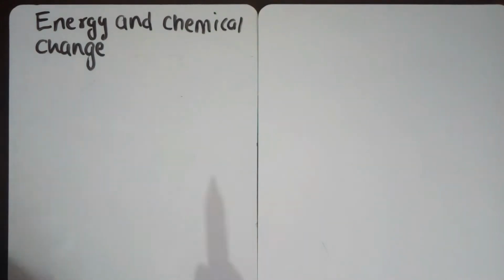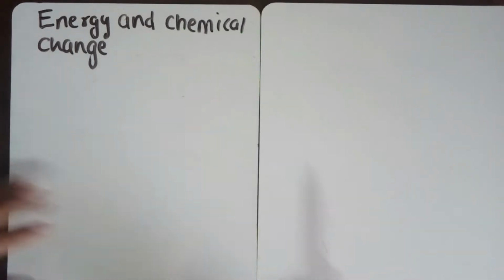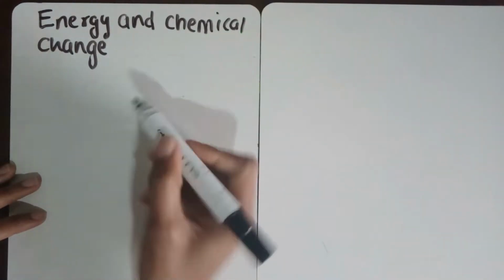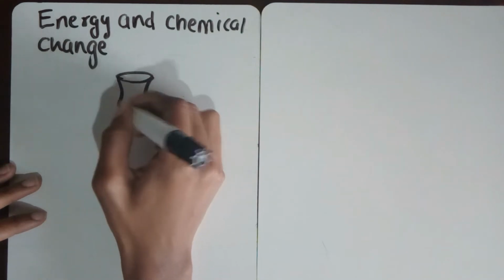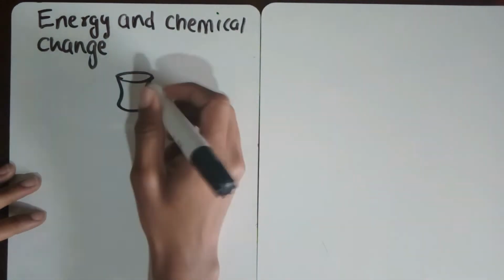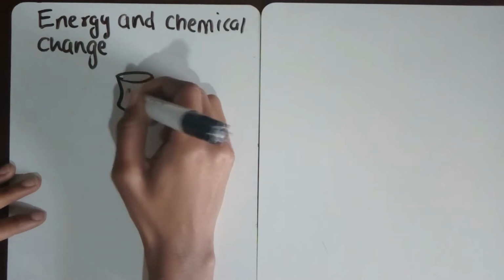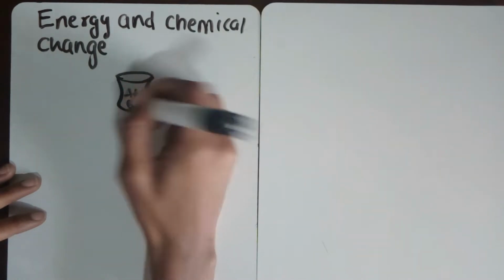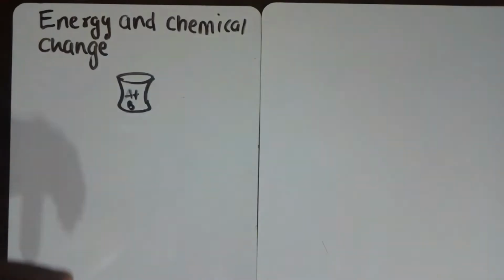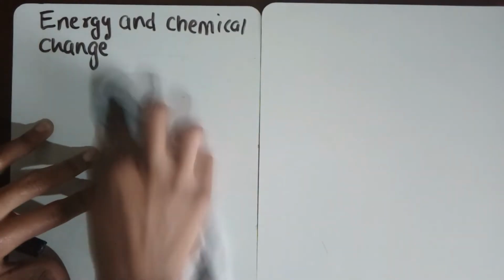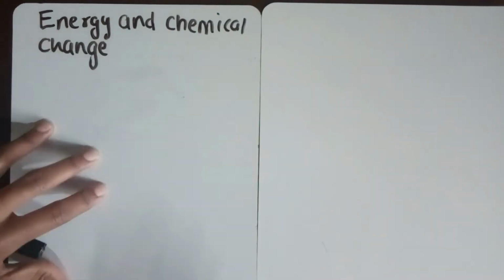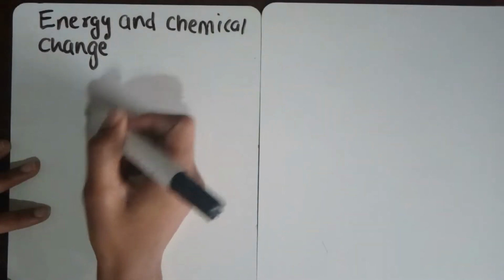Normally when you perform a chemical reaction in a lab, let's say you have your beaker. You put your chemicals in and add all your reactants. Let's say you have A plus B, those are your reactants, and your goal is to produce a certain type of product.